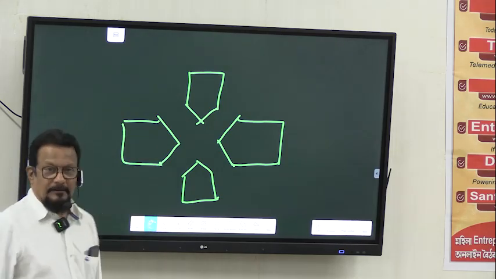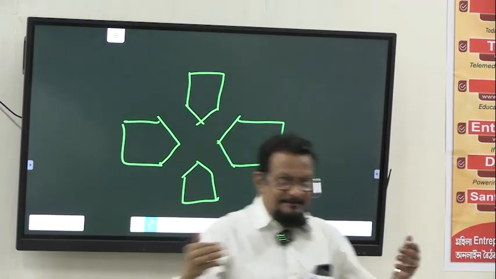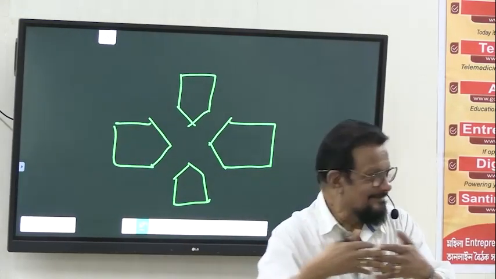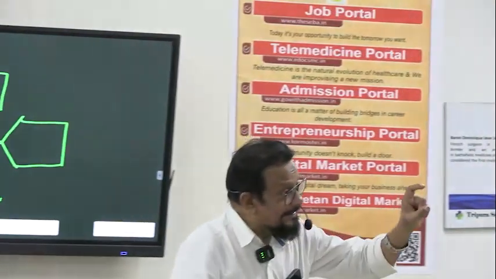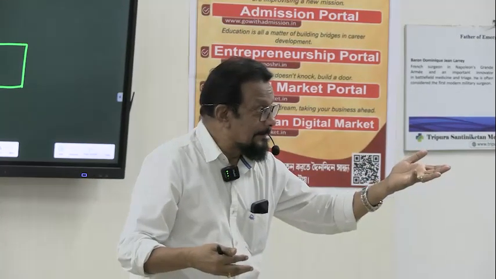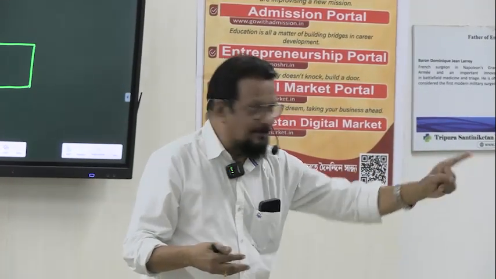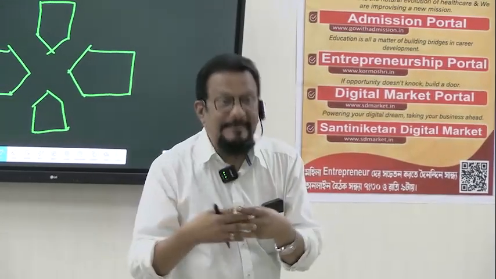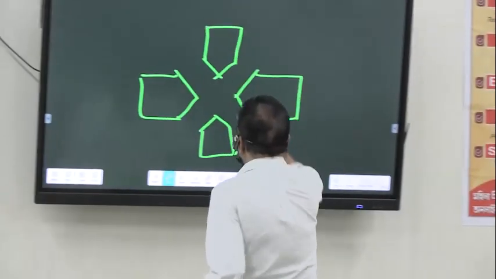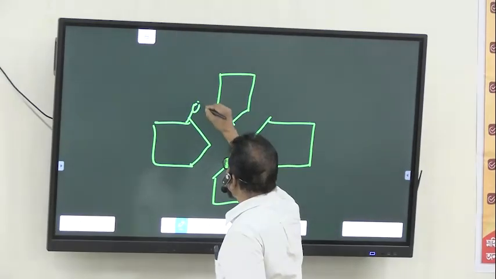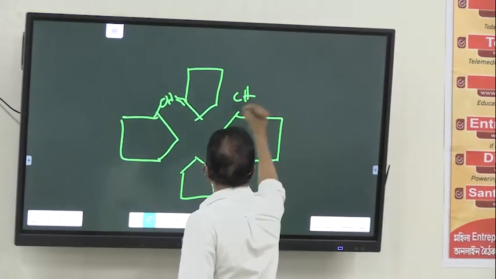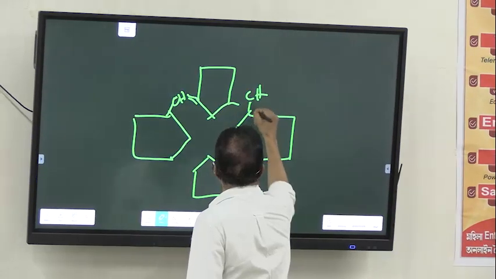These are the 4 pyrrole rings, and these pyrrole rings are joined together by a bridge. What is this bridge? Right. Good girl. This is the methene bridge. The methene bridge is like this. CH double bond. CH double bond.